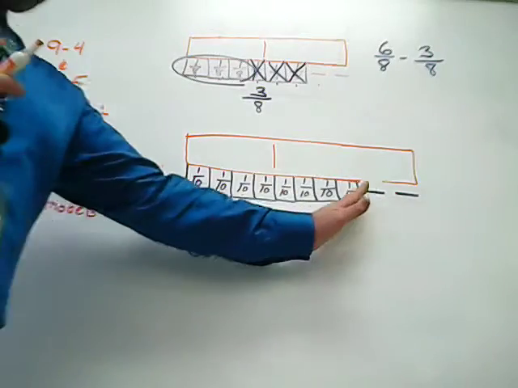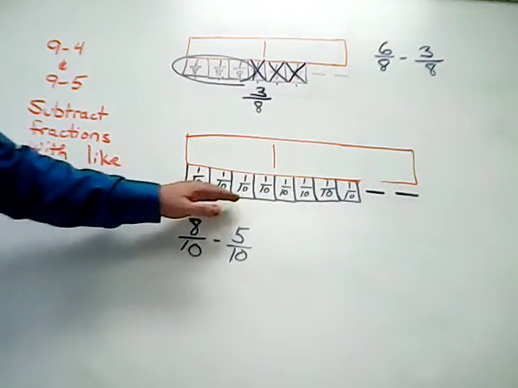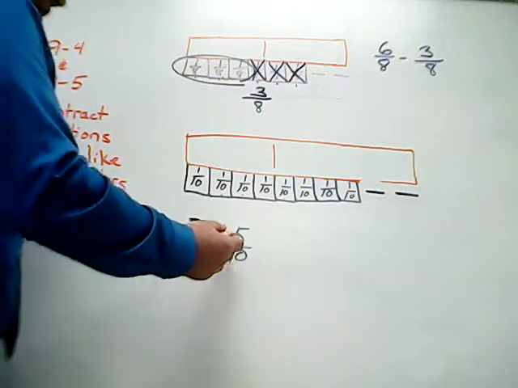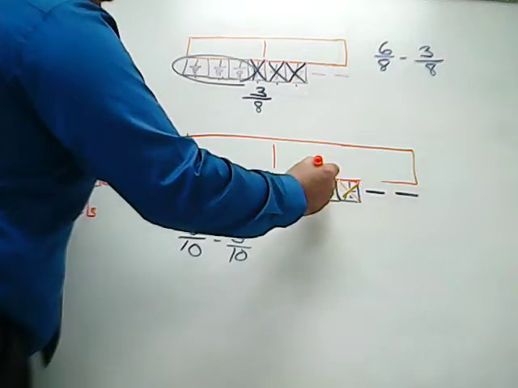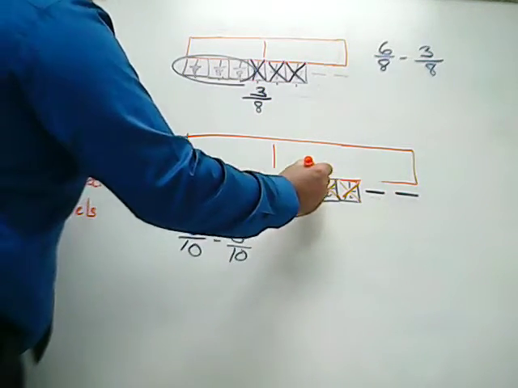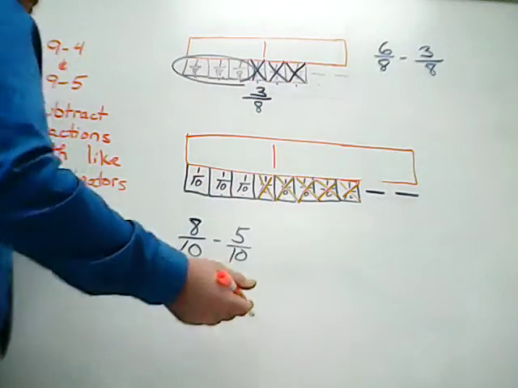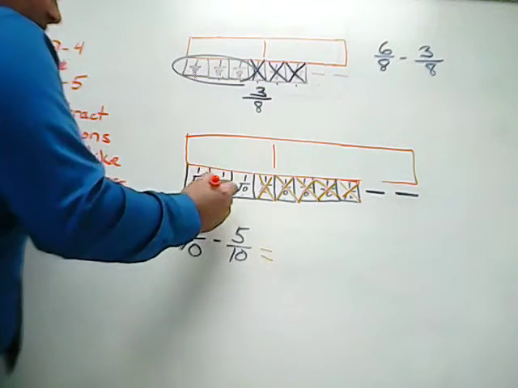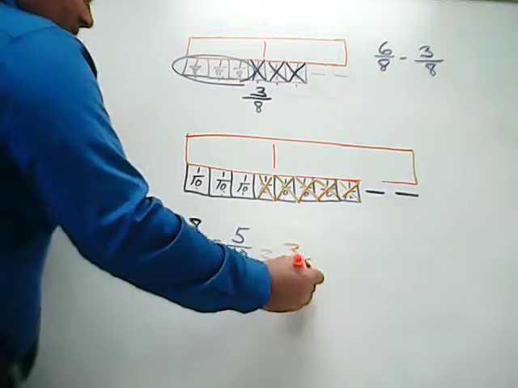I don't want to work with the full allotment of 10/10. So I started with 8/10. I'm going to take away or subtract 5/10. 1/10, 2/10, 3/10, 4/10, 5/10. How many tenths am I left with? Well, 1, 2, 3. The difference is 3/10.